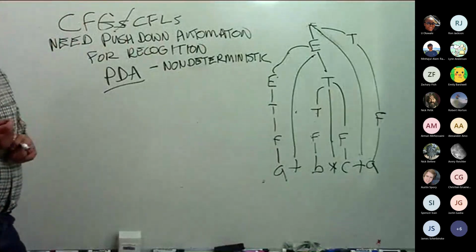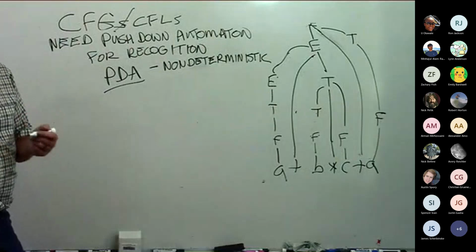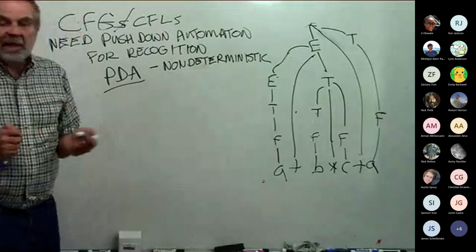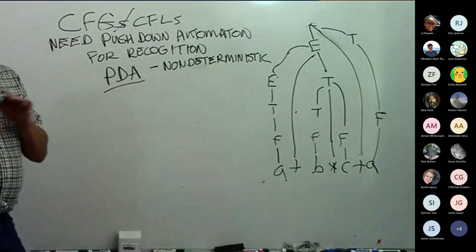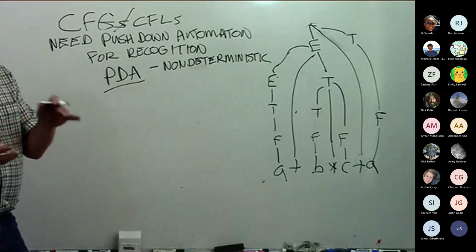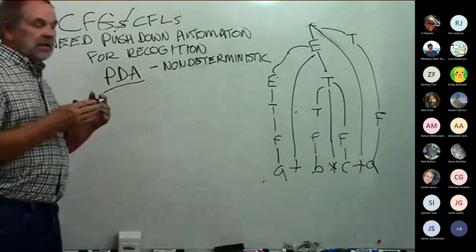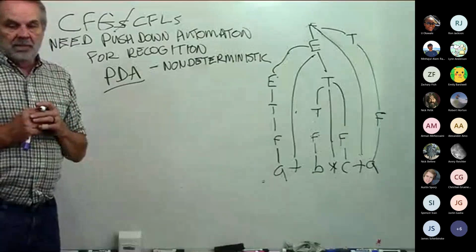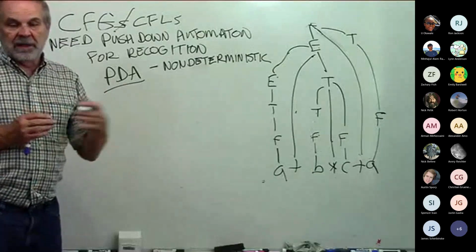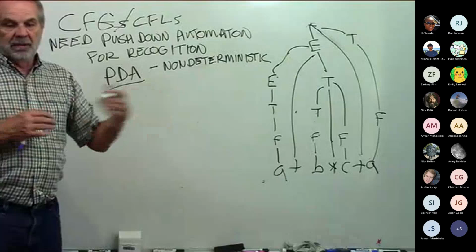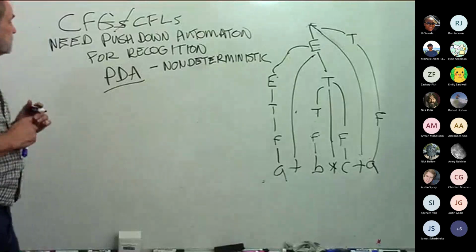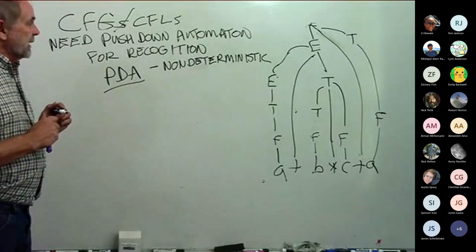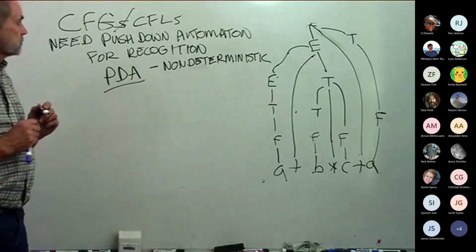That means we'll use the sense of non-determinism that says it will automatically choose if a correct path exists. The PDA non-deterministically will find the right path to accept the string if it can be accepted, or if it is in the language. Okay, so it can recognize strings whether they are part of the language or not.